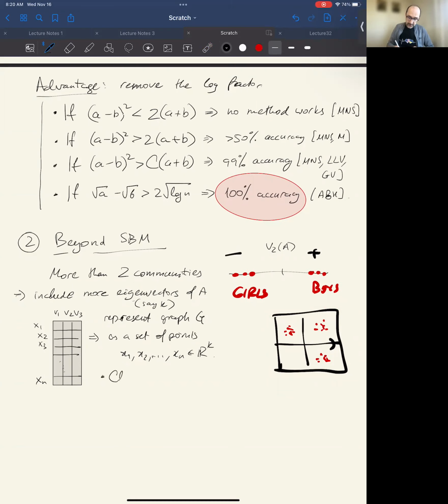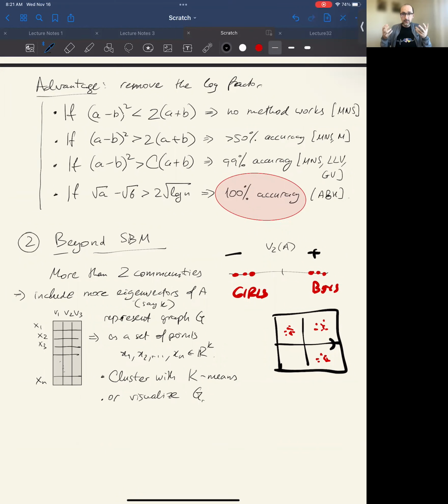And then we can just apply one of the popular clustering methods, which is k-means. Or not cluster, or just visualize the graph G. This is a wonderful thing. We have a graph that we cannot imagine because it's very large.